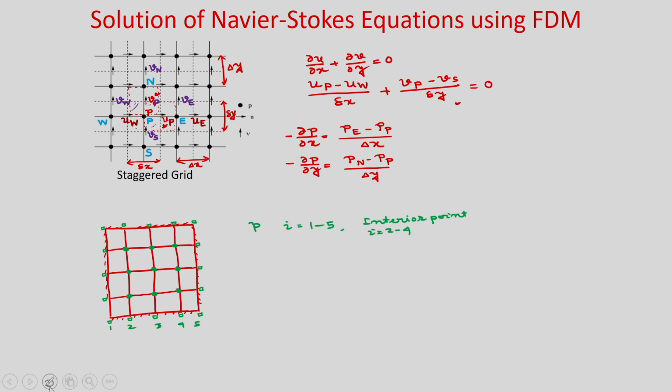Now, for u velocities. So, first let us make a grid like this, so that you can identify the cells easily.